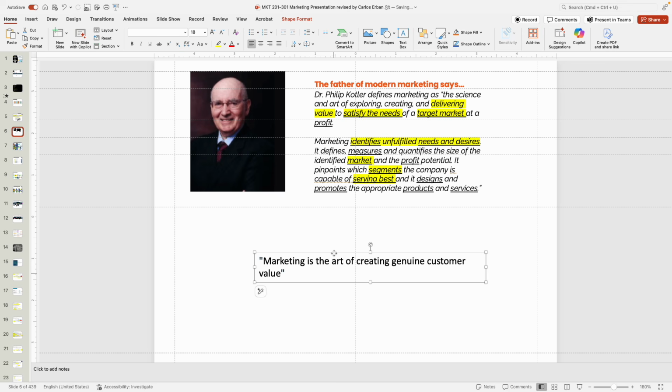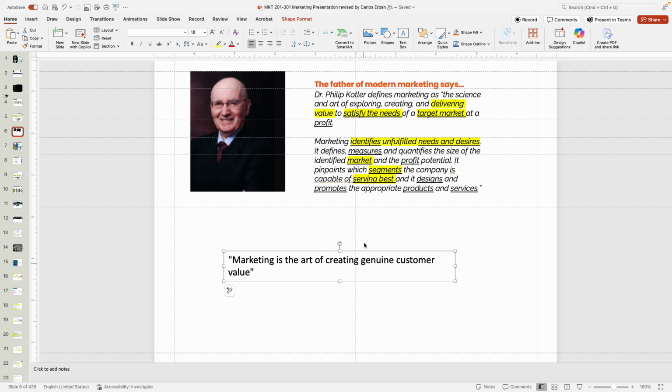Actually, before Kotler, and even before Theodore Levitt, you've probably heard that the father of modern management was Peter Drucker. Peter Drucker was the first person, even before the marketing term was invented. He said the purpose of a business is to create a customer. But later on, Philip Kotler said the purpose of marketing is to create customer value.